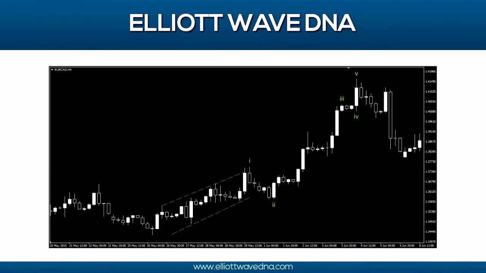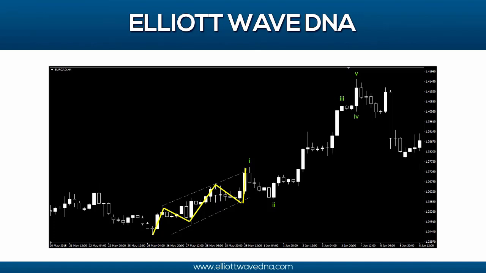Here is another example of the impulsive pattern seen in a bullish trend. And this is the chart of the Euro-CAD. And I want to go step by step again and show you exactly why I labeled each leg at the current points. First of all, if we start from the bottom, we are going to see a 5-wave move in the shape of a leading diagonal, which we are going to cover on the next slides, in wave 1.